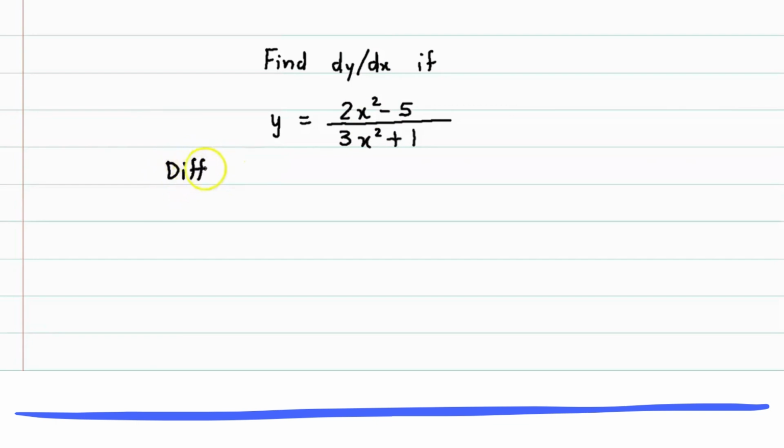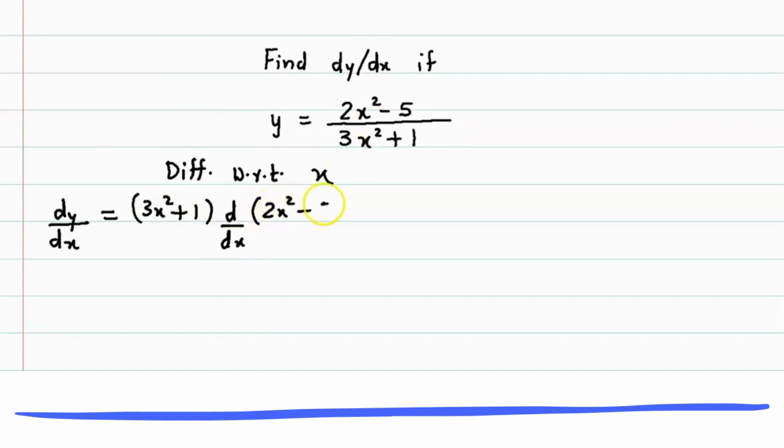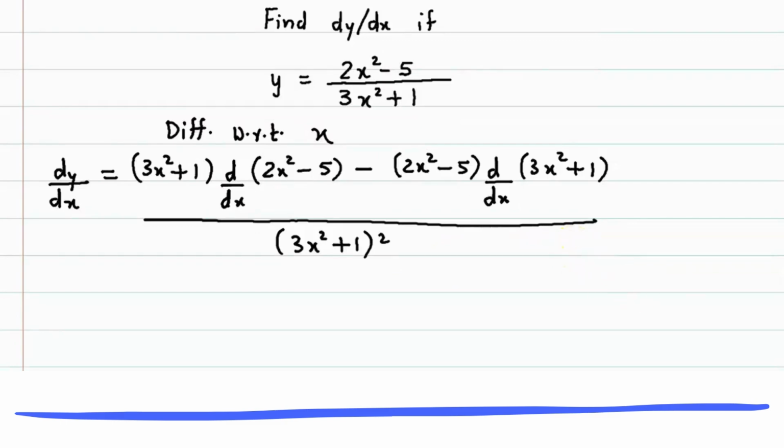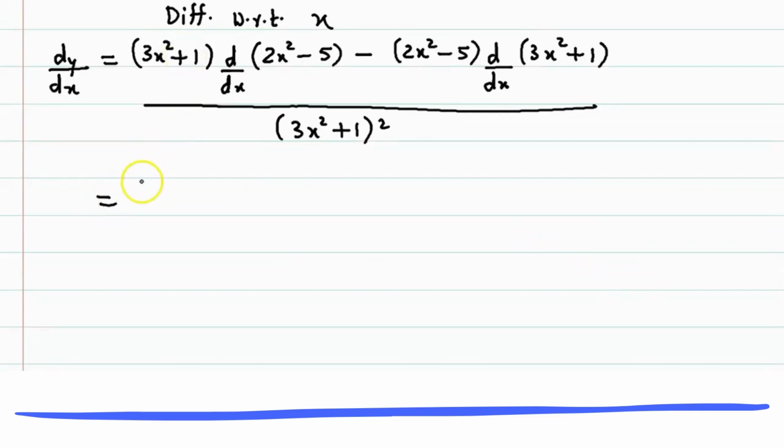So differentiating with respect to x, we have dy by dx is equal to, we start with the denominator, so we have 3x square plus 1 into the derivative of the numerator, that is 2x square minus 5, minus numerator, that is 2x square minus 5, into the derivative of the denominator, that is 3x square plus 1, the whole thing divided by denominator square, that is 3x square plus 1 the whole square.